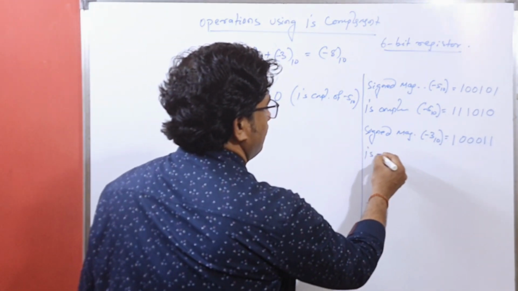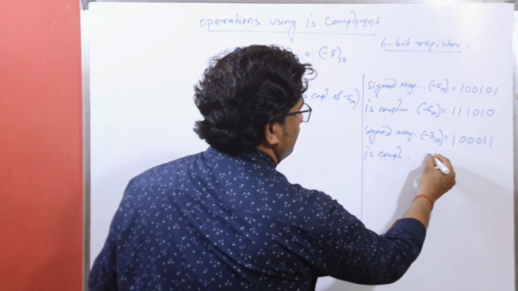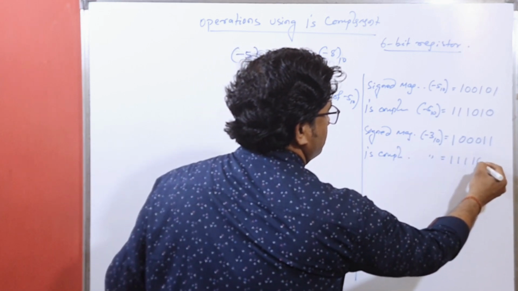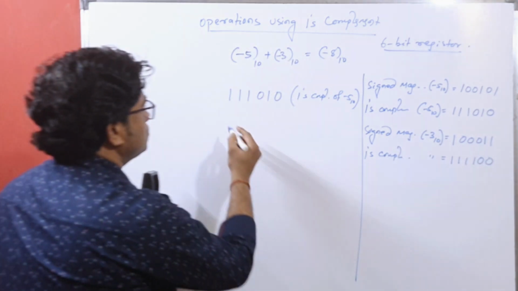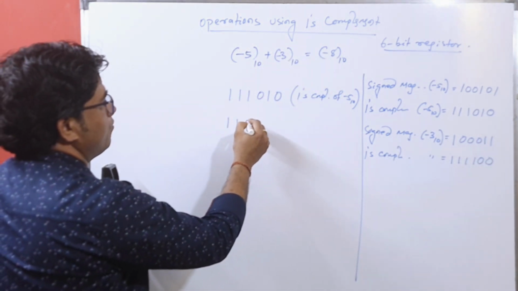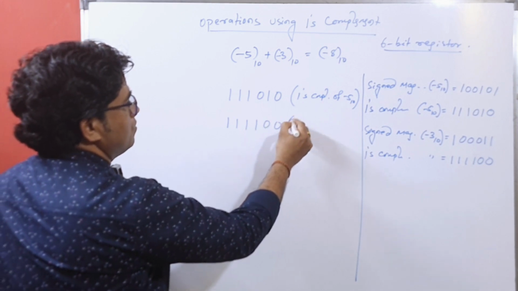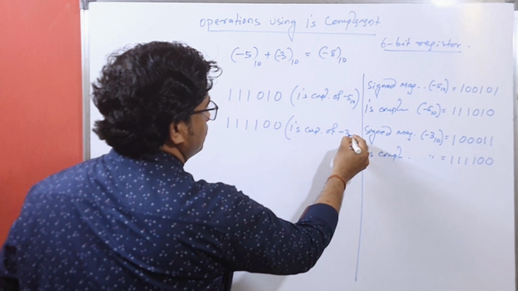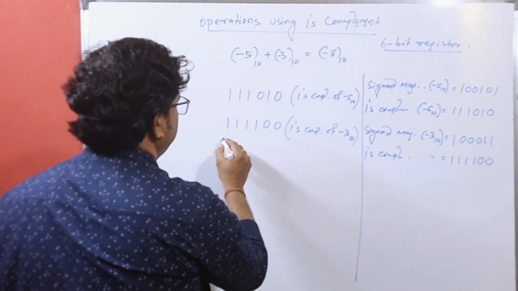And next the 1's complement of minus 3 base 10 equals 1 1 1 1 0 0. So you place here 1 1 1 1 0 0. That is the 1's complement of minus 3 base 10, right?